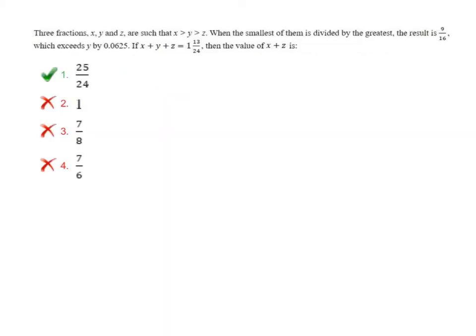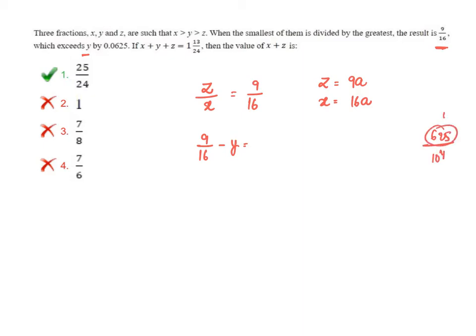Three fractions x, y, z are such that x is greater than y is greater than z, which means x is the greatest and z is the least. When the smallest of them is divided by the greatest, which means z by x, the result is 9 by 16, which means z is 9 parts, let it be 9a, x is 16 parts, that is 16a, which exceeds y. 9 by 16 exceeds y, which means 9 by 16 minus y is 0.0625, which is 625 by 10,000, 10 to the power of 4.